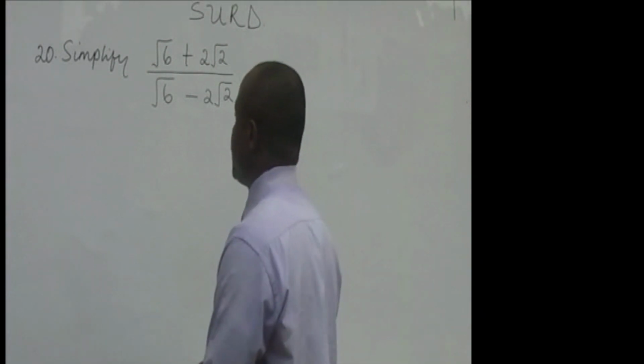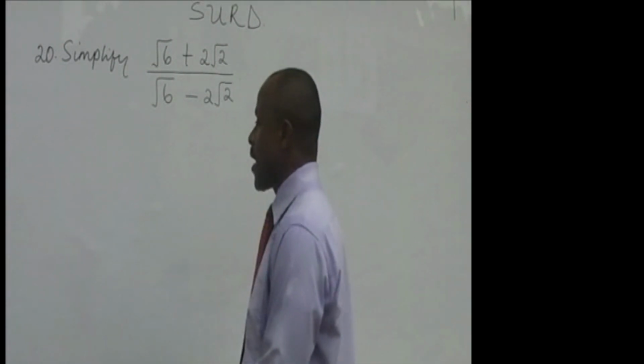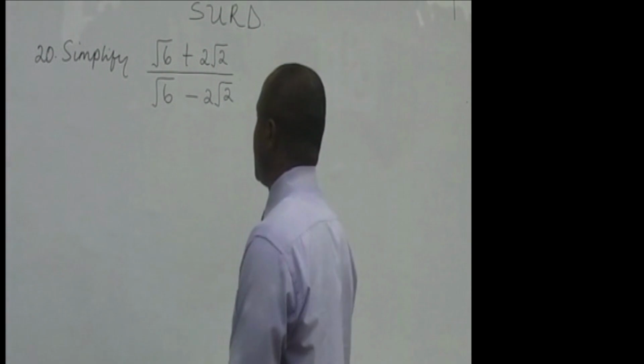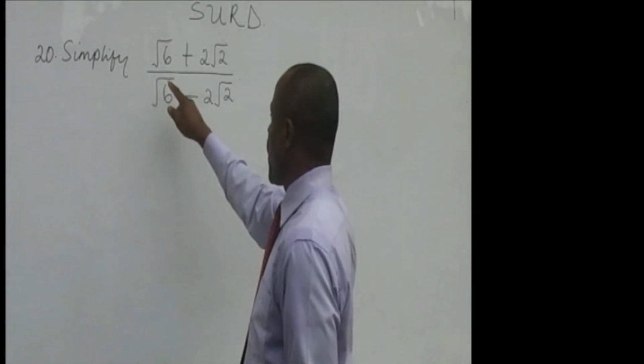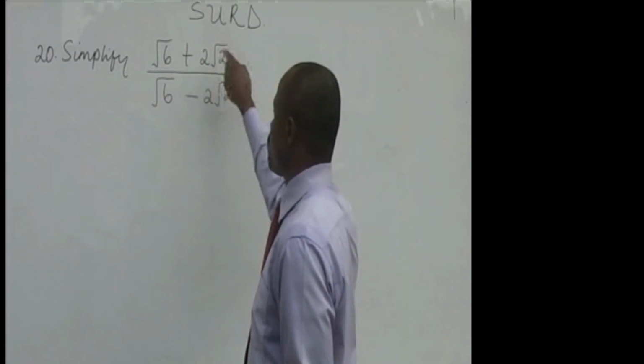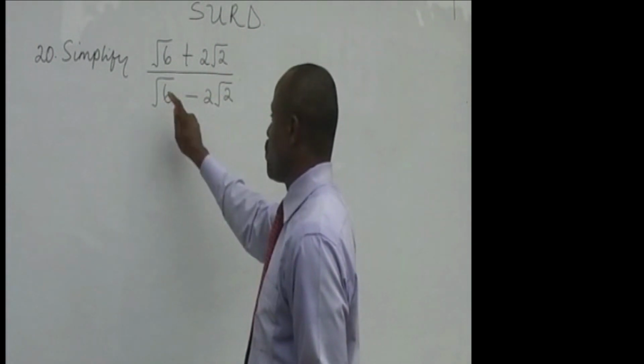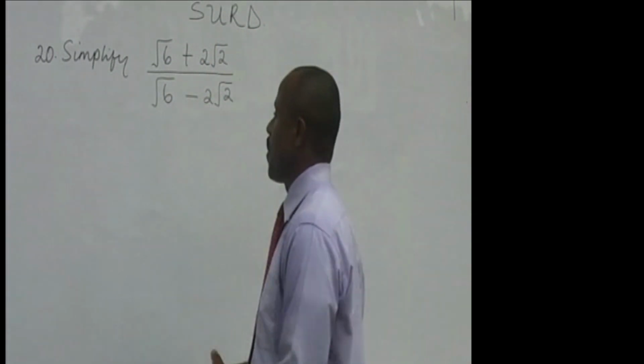Question number 20 is another technical question I would like you to pay acute attention. They said we should simplify root 6 plus 2 root 2 divided by root 6 minus 2 root 2.